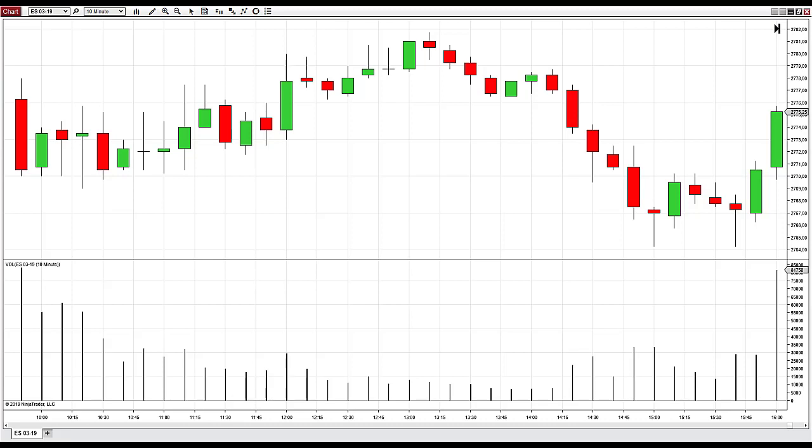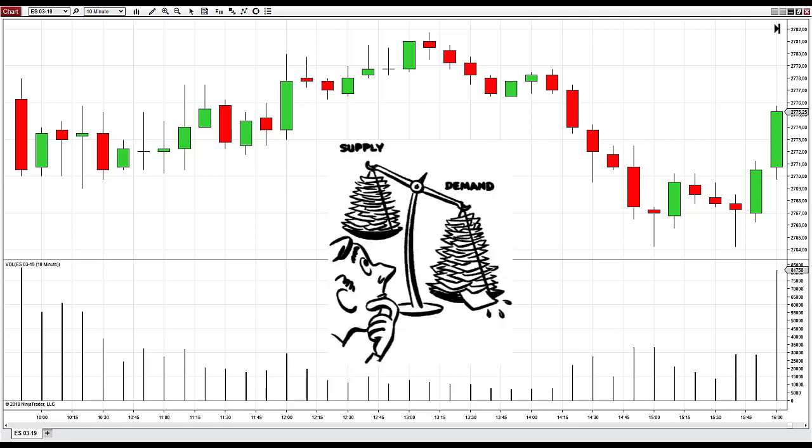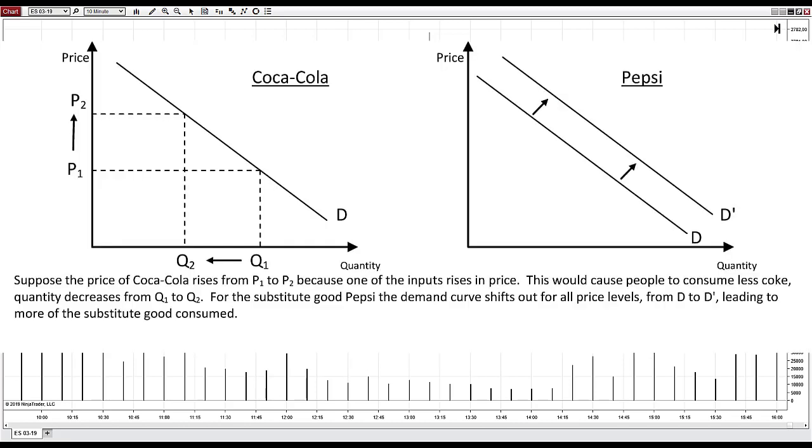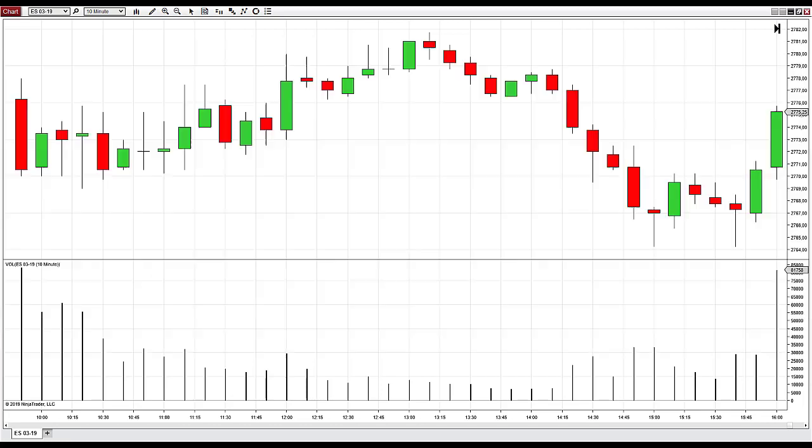As you learned in a previous episode, the one with the silly cat, it's the relationship between supply and demand that determine if the prices are going up or if the prices are going down. And all good economists will tell you that if demand overcomes supply, then prices will increase. And if supply overcomes demand, then prices will decrease.